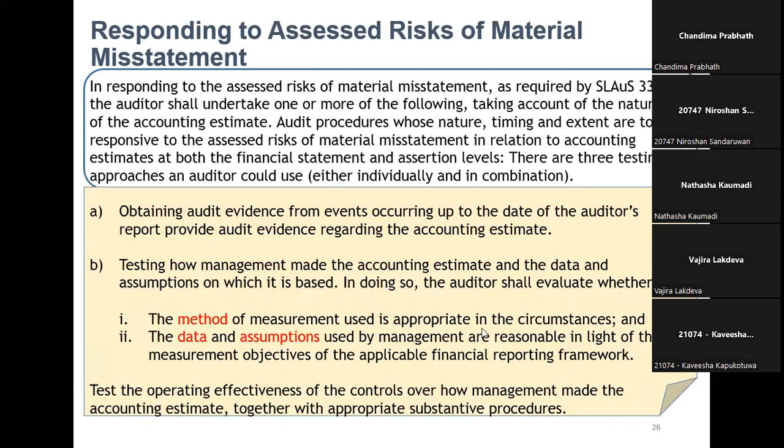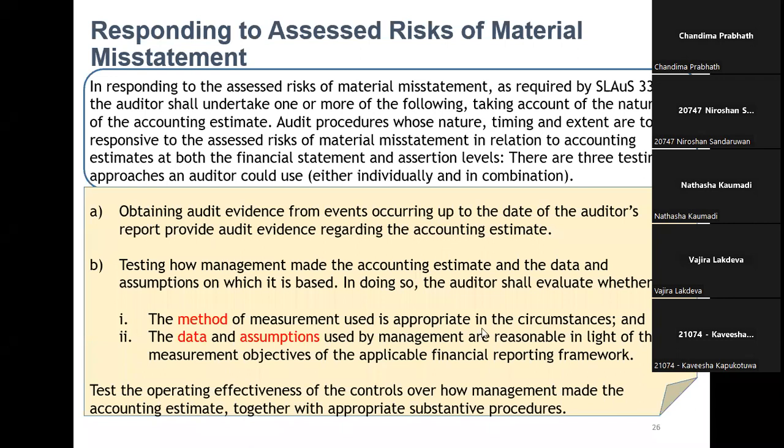We do understanding of the entity and its environment, including internal controls. When you say internal controls, we understand 5 components of the internal control framework. What is the purpose? We understand for the purpose of identifying risk of material misstatement at assertion level and at financial statement level.